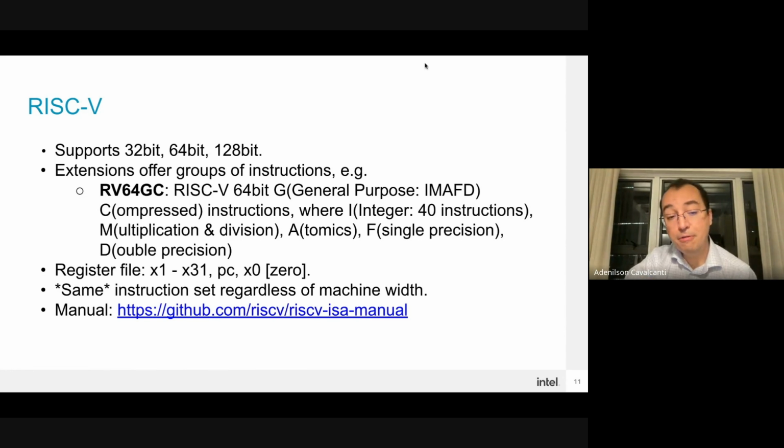The register file starts with x0 for 0 and x1 to x31 plus the program counter. And what is really cool is that the instruction set is always the same, no matter if, say, it's a RISC V implementation on 32-bit or 64-bit or 128-bit. And the manual is available on GitHub.